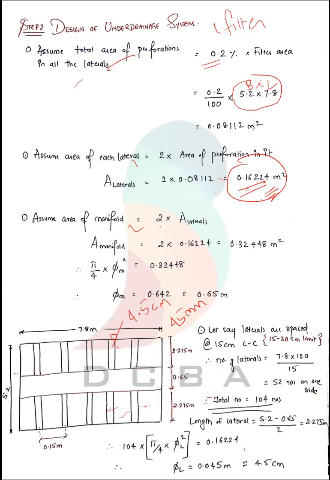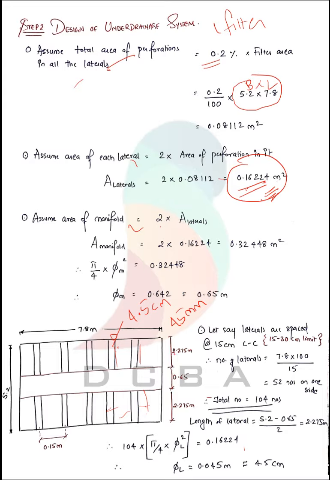If the width of the rapid sand filter is 5.2 and the central manifold is of 0.65 meters, so 5.2 minus 0.65 is the length of the lateral, correct? That divided by 2 you will get the length of the lateral on one side, which is equal to 2.275 meters.